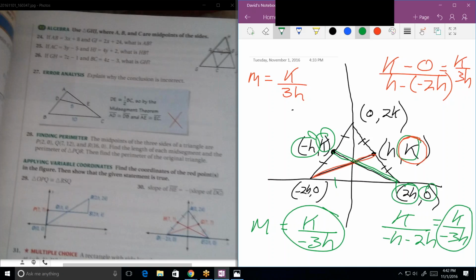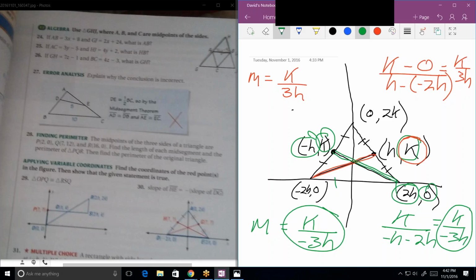The only mistake you could really make here would be going in the opposite directions, which is relatively easy to make on this particular problem because they're not using numbers, they're using letters, and we instantly know this height is k, so we know the numerator is k in both instances, and we can almost do that without doing the subtraction.